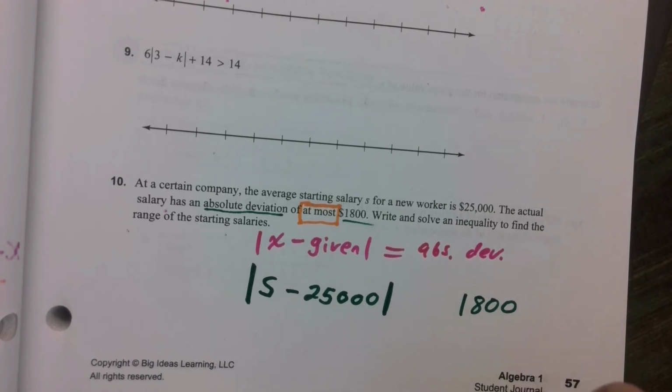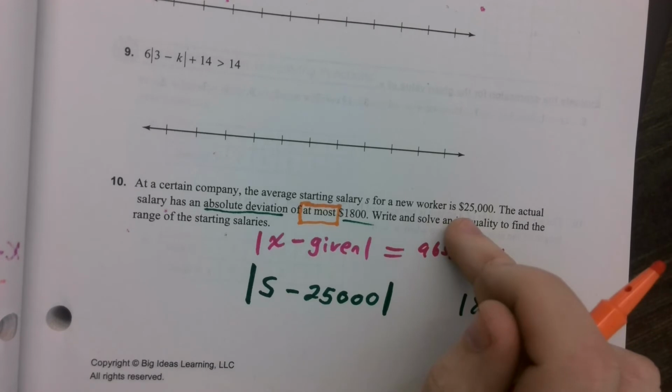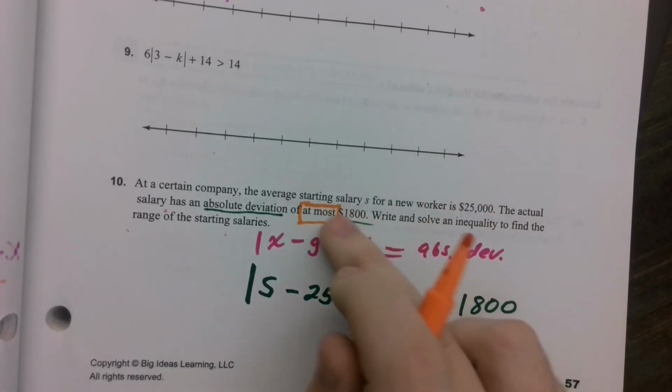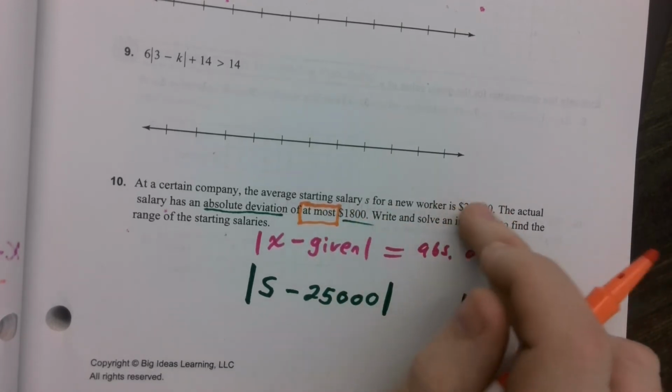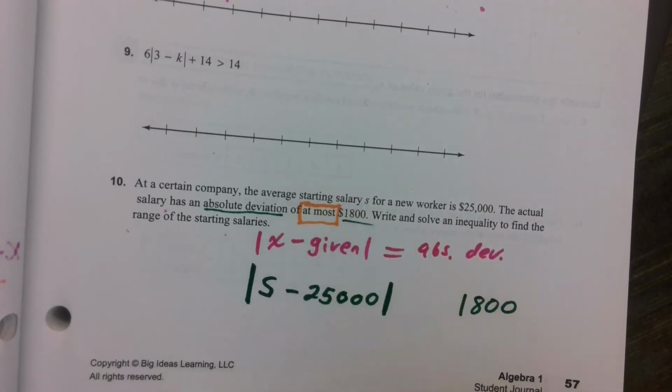What this means is we're looking for a number that's in between whatever 25,000 plus 1,800 is and 25,000 minus 1,800 is. It's an and inequality.